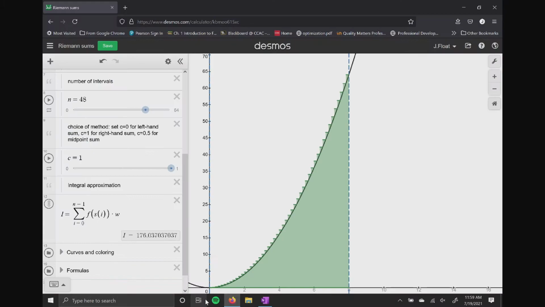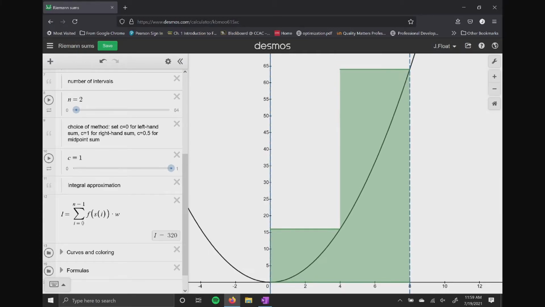So if I come back here to our example, I'm going to decrease the number of rectangles again. So we'll call them 2. Come on, work with me here. Here we go. Okay. Perfect. So with left-handed sums, we found the area under the curve estimated to be 64.